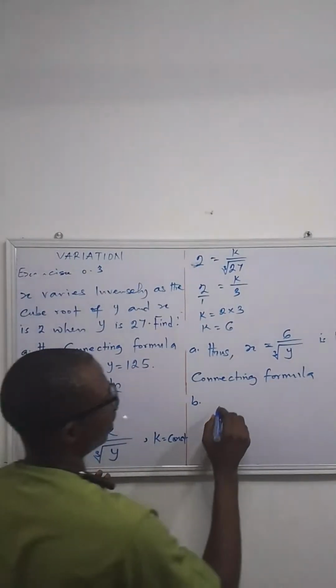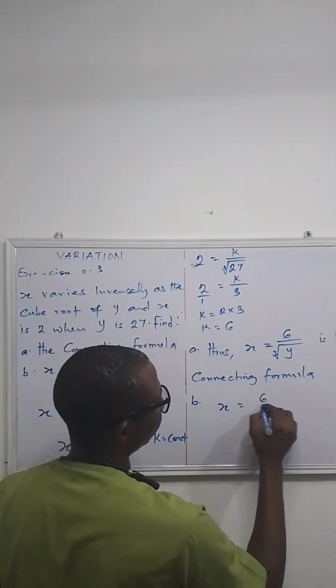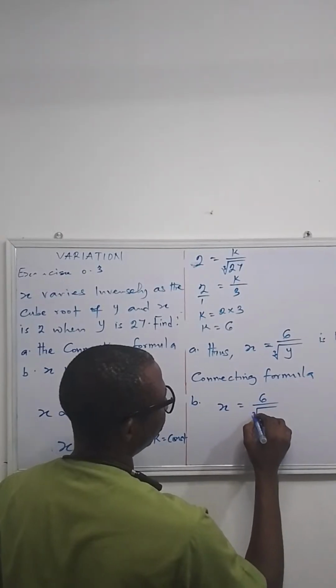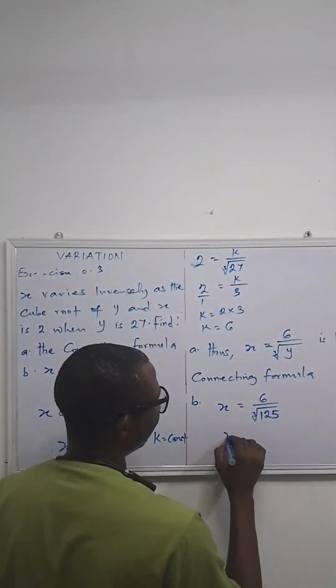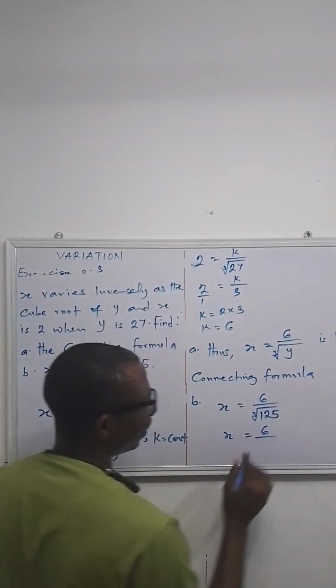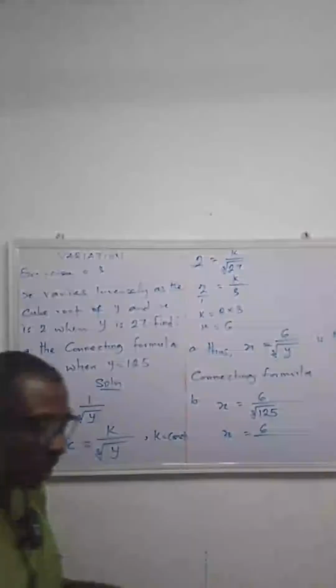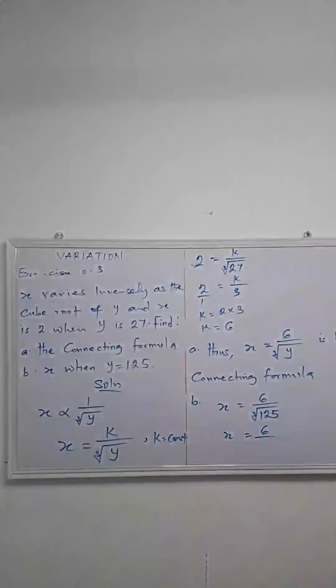So you have x equals 6 over cube root of 125. Now I need you to tell me what is cube root of 125?